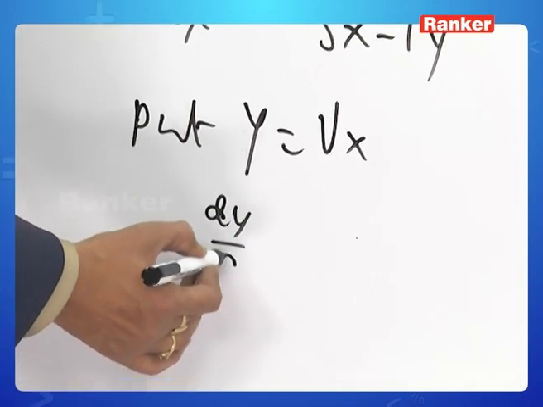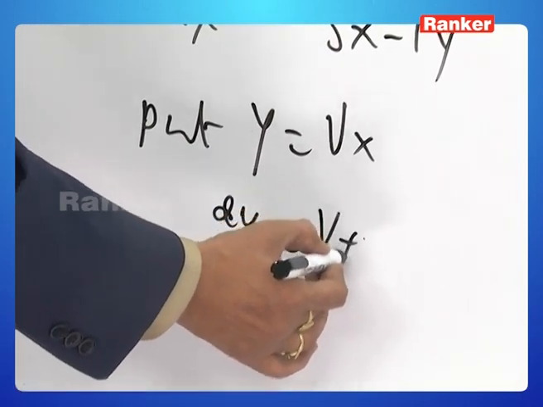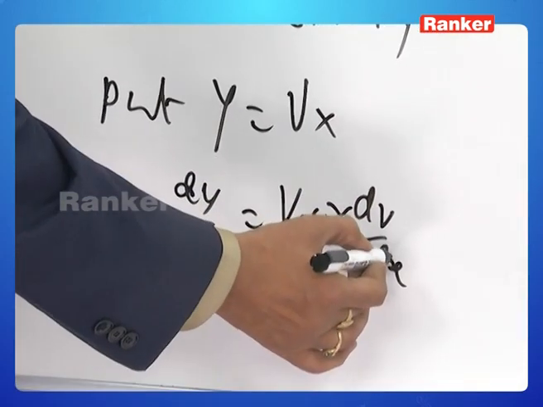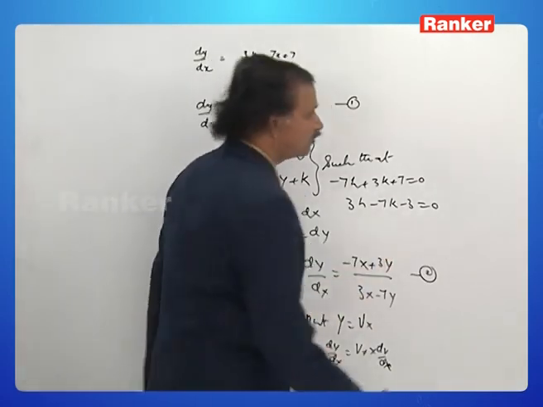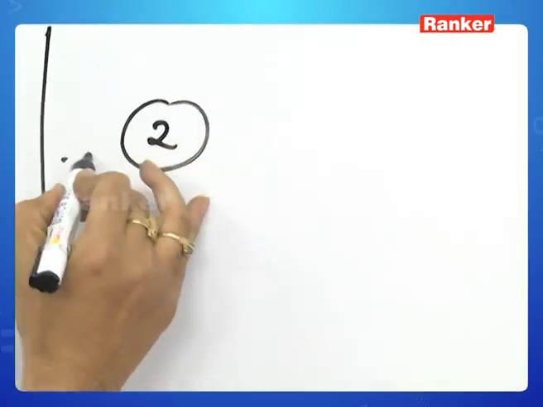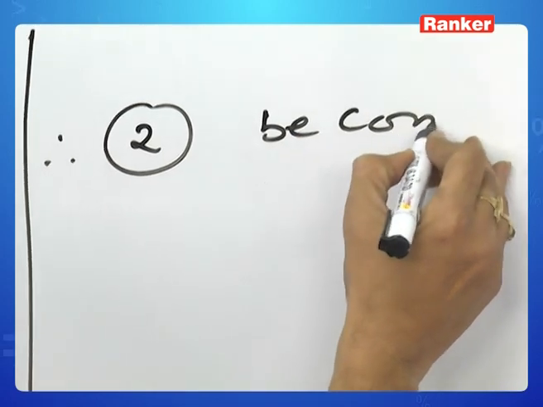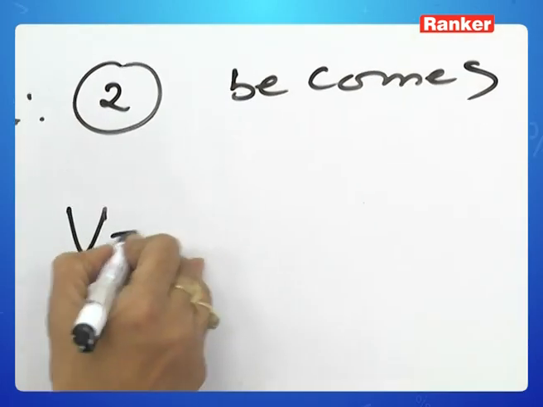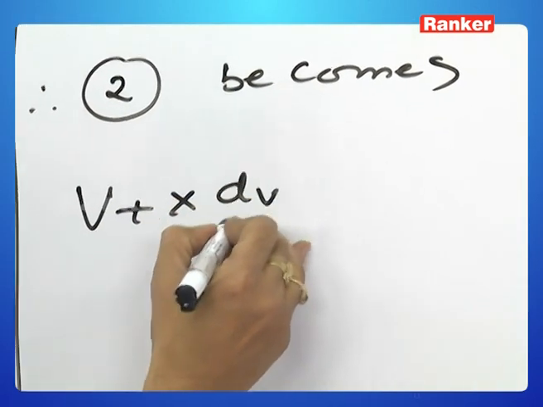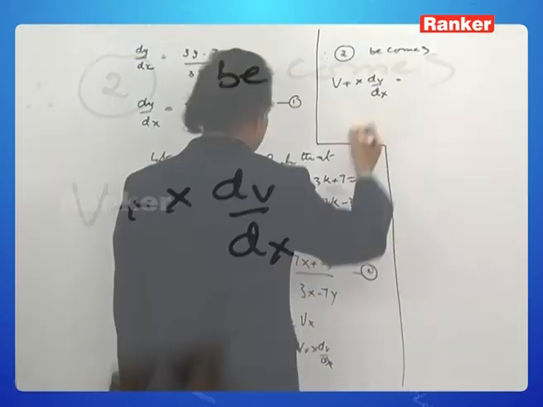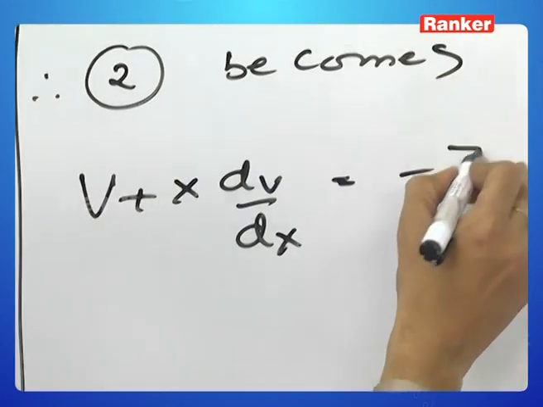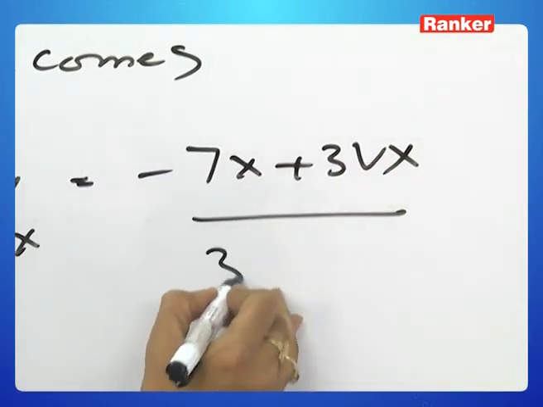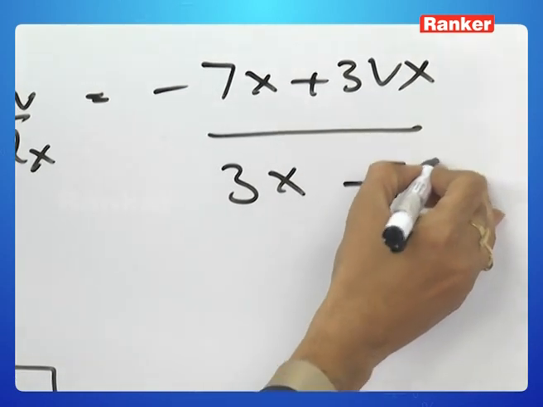Then dY by dX is equal to v plus X dv by dX, isn't it? So 2 becomes, in the place of dY by dX, we have to write v plus X dv by dX is equal to minus 7X plus 3vX by 3X minus 7vX.